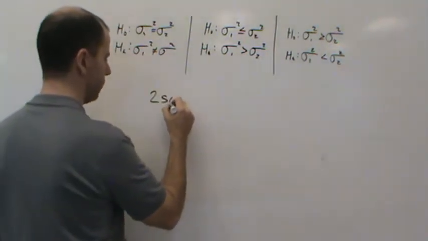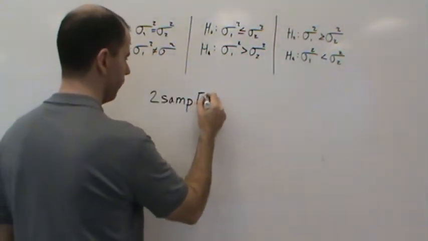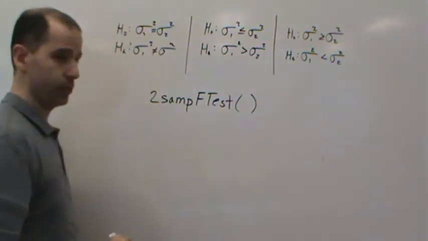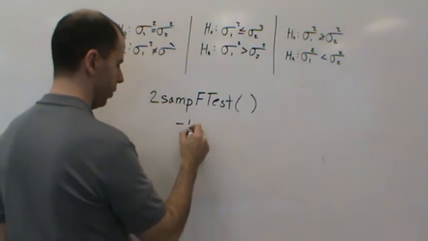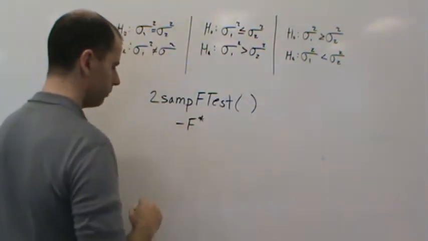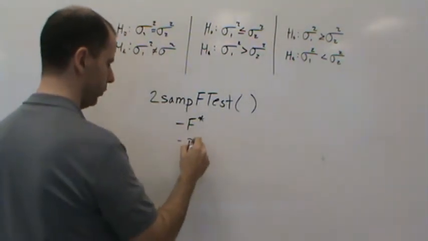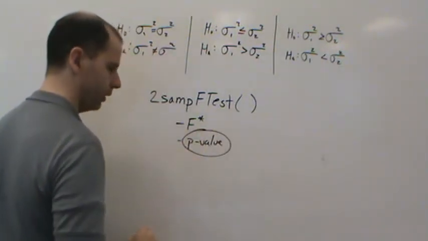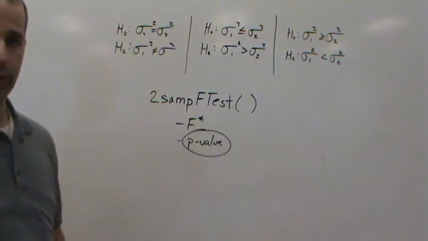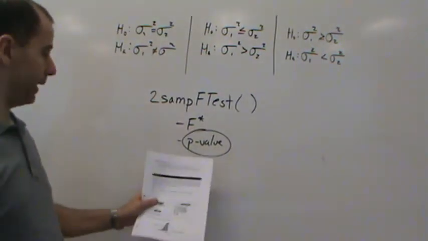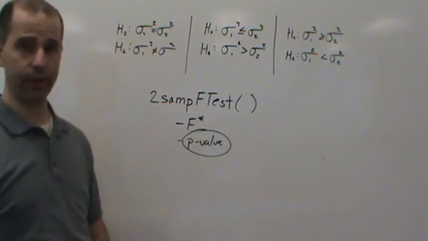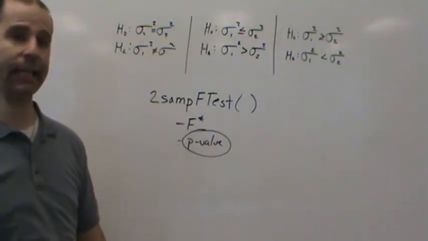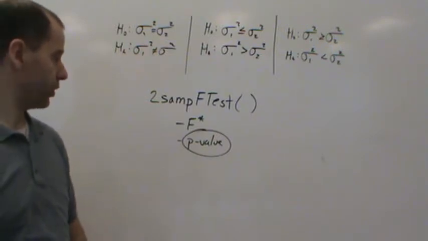It will give you your F star value, and it will also give you your p-value. So again, we can just use the p-value method. Everybody should have the 2-sample F test on your calculator, whether you have a TI-83 or TI-84. So just keep that in mind.